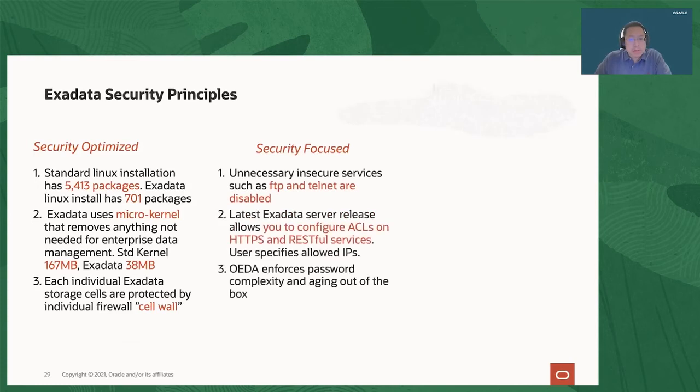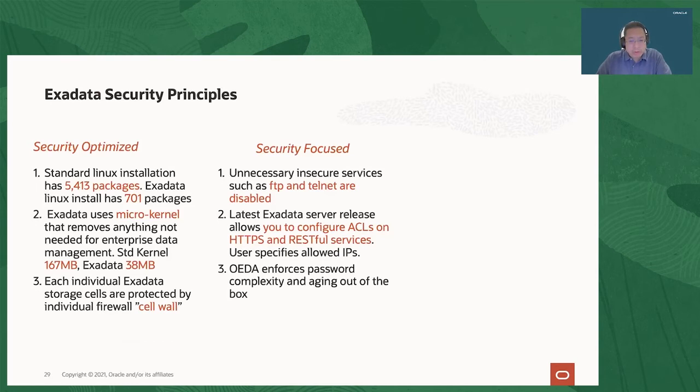Now, the focus of Exadata from a security standpoint for access, let me list a few examples here. Unnecessary insecure services such as FTP and Telnet are disabled, so general open access to the system as a Linux box is disallowed. The latest Exadata server release also allows you to configure ACLs on HTTPS and RESTful services.